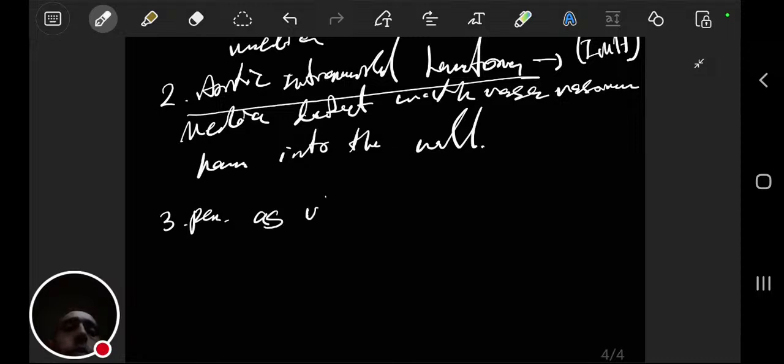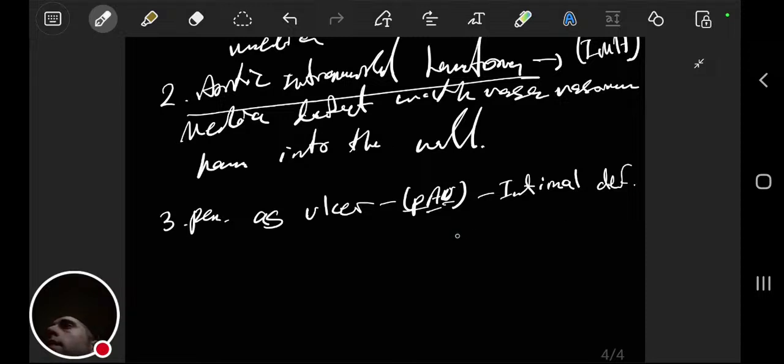There is a short form for it called PAU: penetrating P, atherosclerotic A, and U for ulcer, which is an intimal defect as a result of an atherosclerotic lesion.